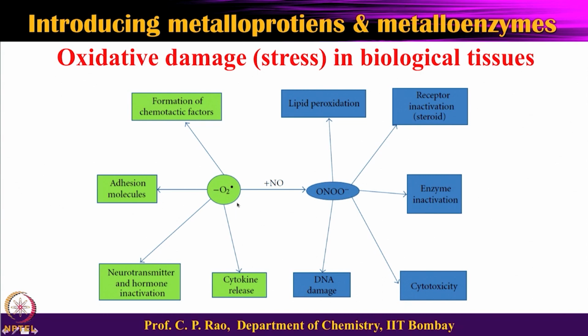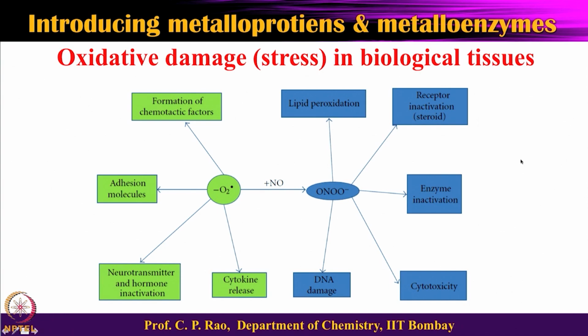As you can see here, O2 minus dot, which is a superoxide radical, can combine with a nitrosyl group and can affect the lipids, can affect cells, can affect various kinds of things in the biological system, and all this leads to the damage of the biological tissue.